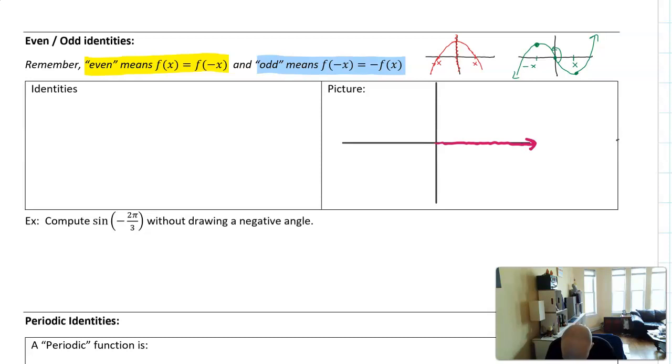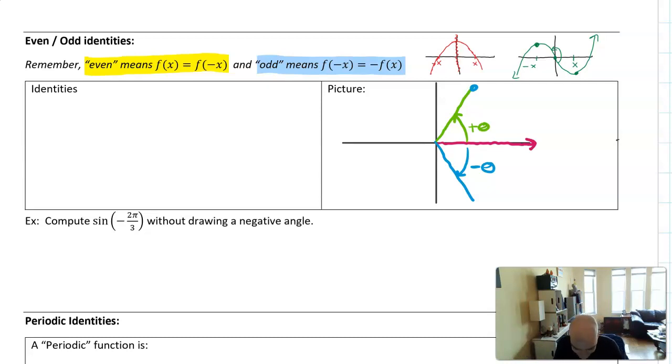And that angle could open clockwise, we'll call that the positive direction, or counterclockwise, the negative direction. And assume that these are the same theta. So we'll call that negative theta, and we'll call this positive theta. And we want to think about what trig values would be the same with positive and negative thetas.